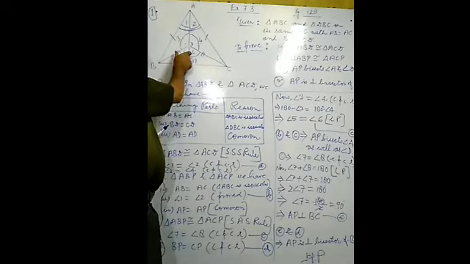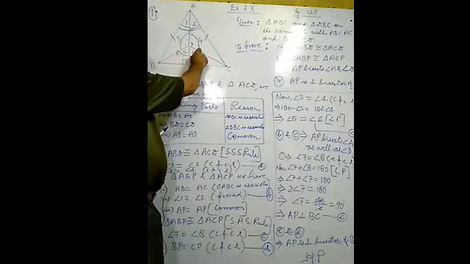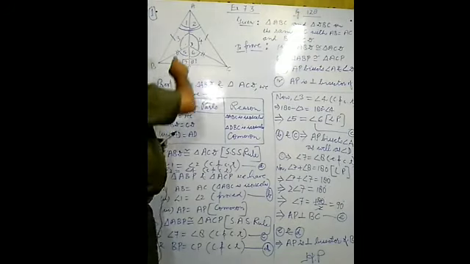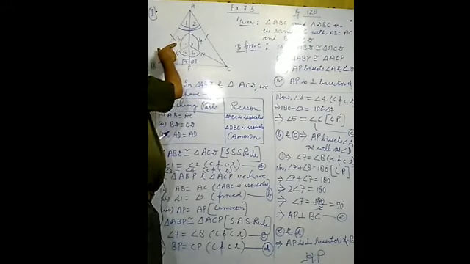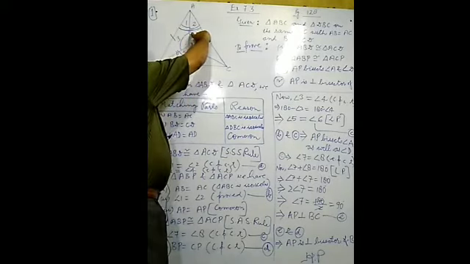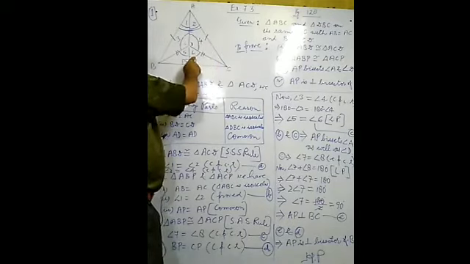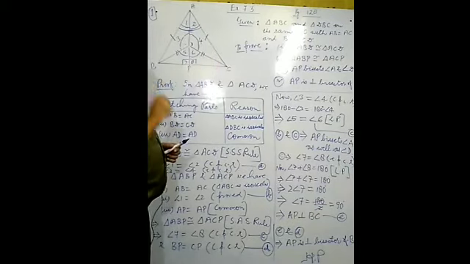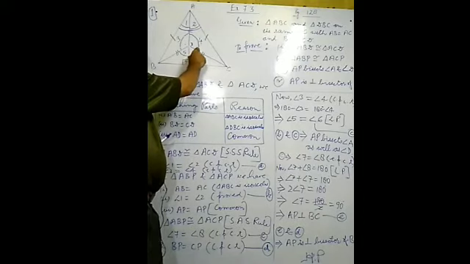Therefore, angle 5 equals angle 6, because 180 degrees minus angle 3 equals angle 5 and 180 degrees minus angle 4 equals angle 6. In this way we have proved angle 5 equals angle 6.